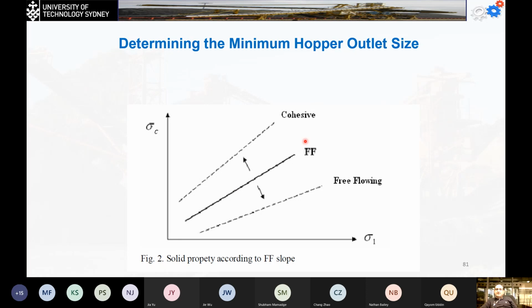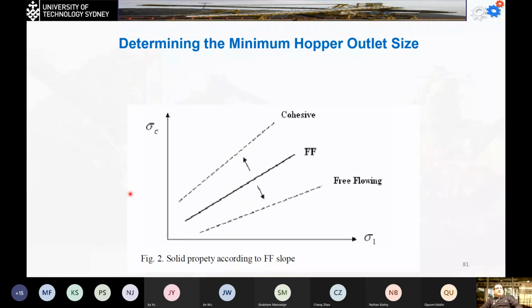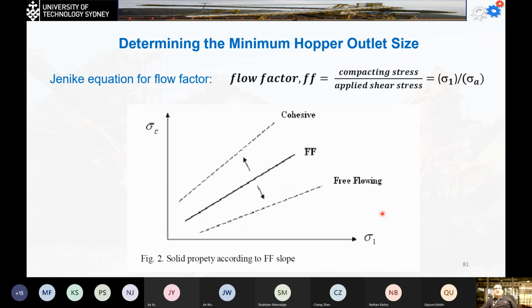And thus it is going to be equal to what we have in the previous equation, sigma 1 over sigma A. Now, if this value increases, that means the material is going to be cohesive. If the value of this slope is reduced, that means we are going to have a free-flowing material. Okay, so just remember that this is the equation we are following.